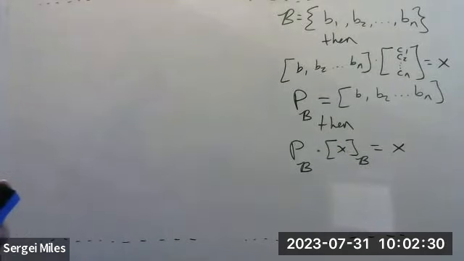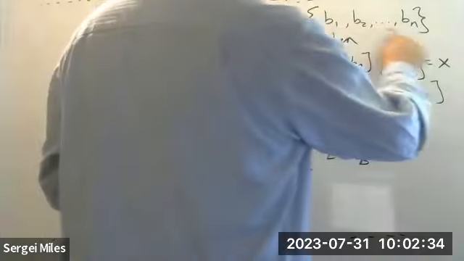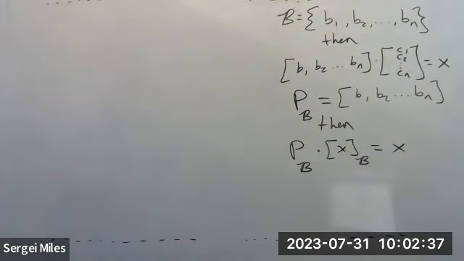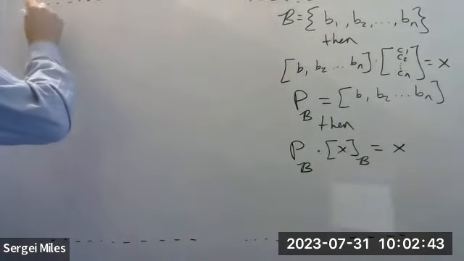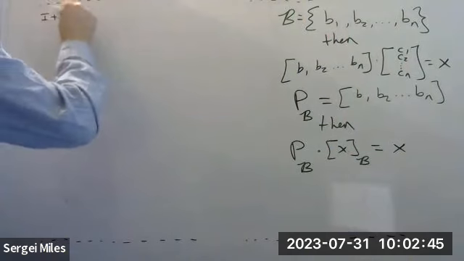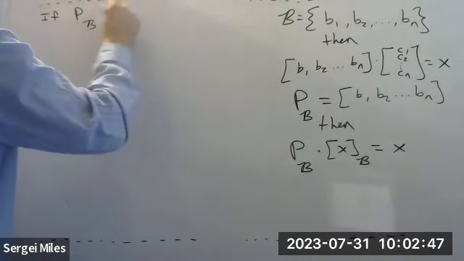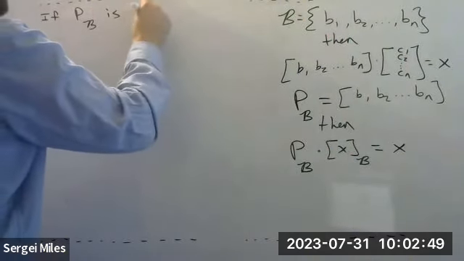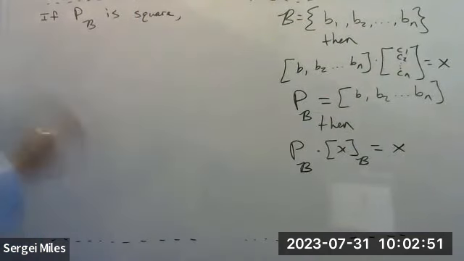But alternatively, what else can we do? Well, notice these vectors are linearly independent. So if this matrix is also square, right? If P_B is square, which it won't always be square.